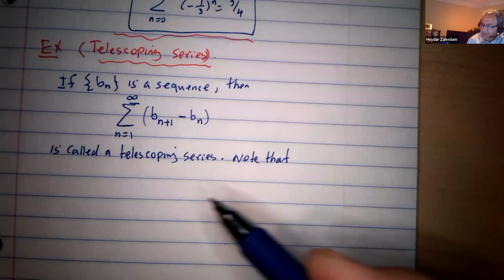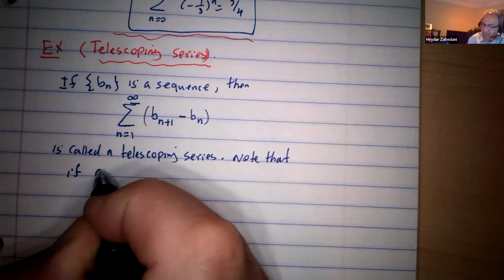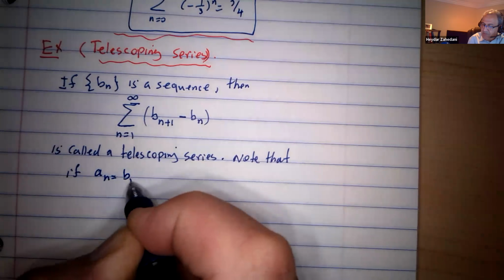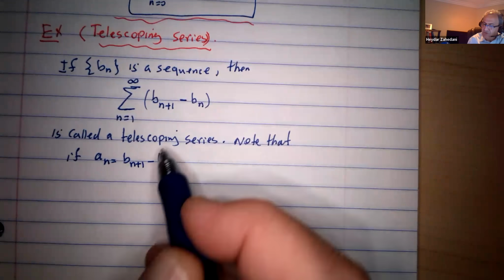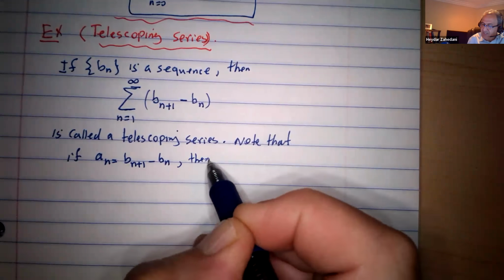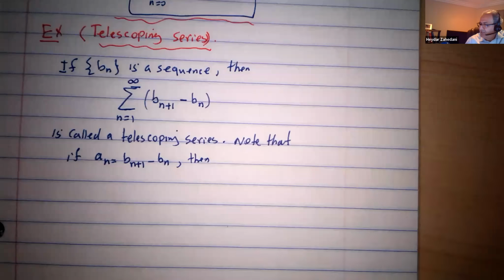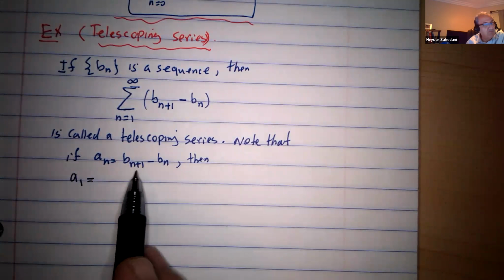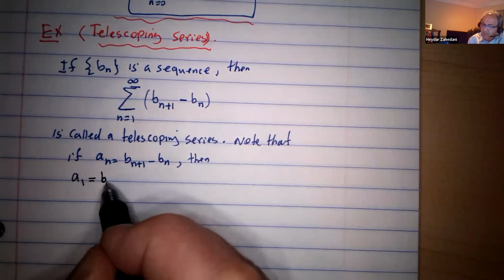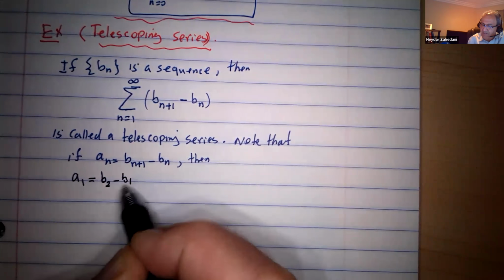We are going to call this a general term, if An, as usual, is Bn plus 1 minus Bn. Then what is going to be the term of the sequence that you want to add together? What's going to be A1? If you replace n by 1, 1 and 1 would be 2, so you get B2 minus B1.